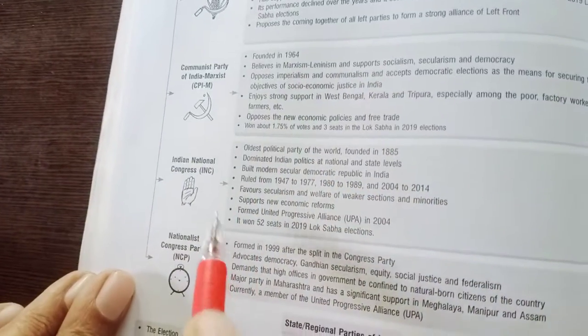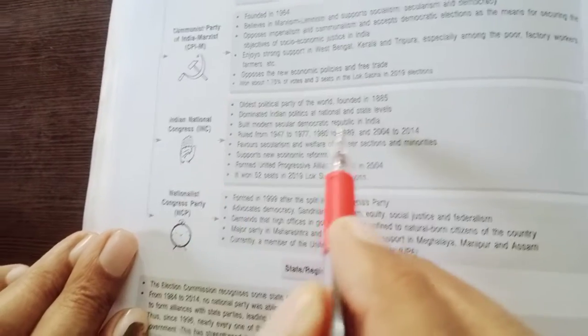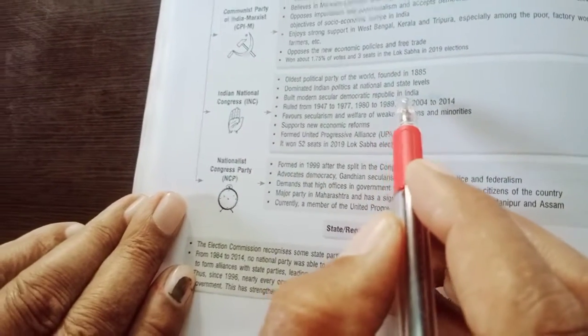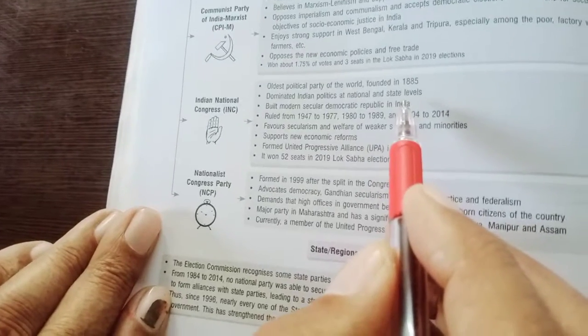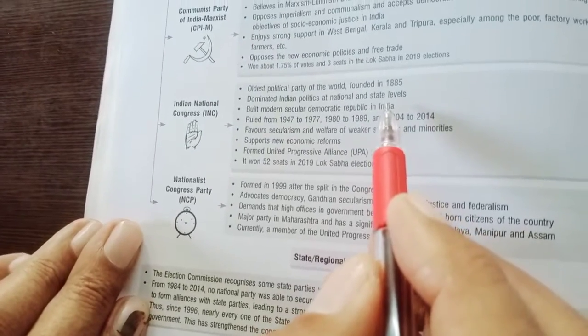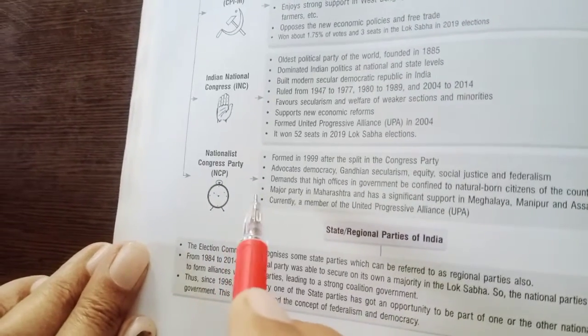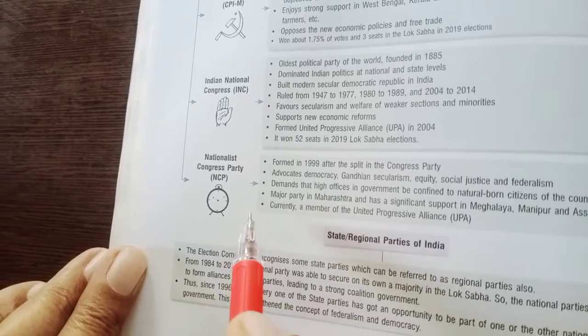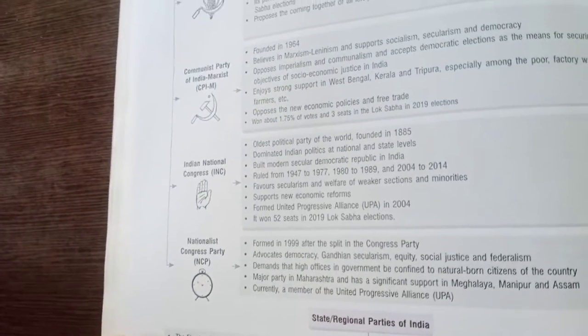And then we talked about the Indian National Congress, which was founded in 1885, and we talked that this is the oldest party in the world. We also talked about NCP, which is being headed by Mr. Sharad Pawar. Then about the state parties, we talked about.